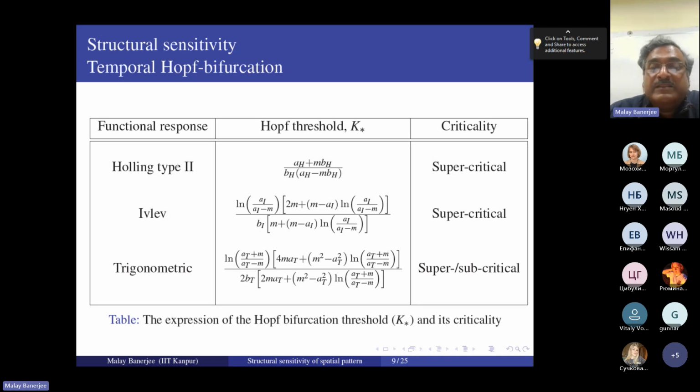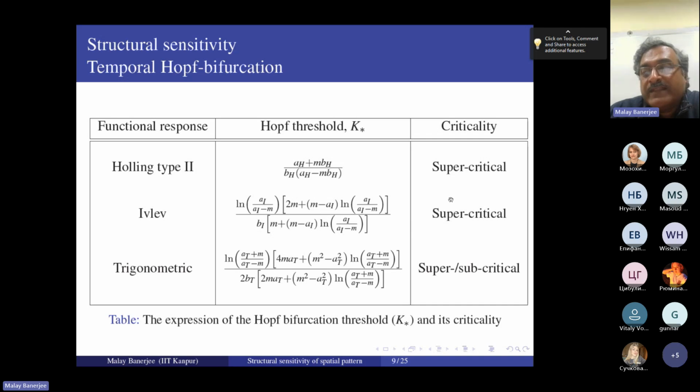An interesting point is that whatever may be the choice of other parameter values, the Hopf bifurcation for the Holling type 2 functional response and the Ivlev functional response is always supercritical. But once we have the trigonometric functional response, this Hopf bifurcation might be supercritical or subcritical depending upon the magnitude of other parameters.